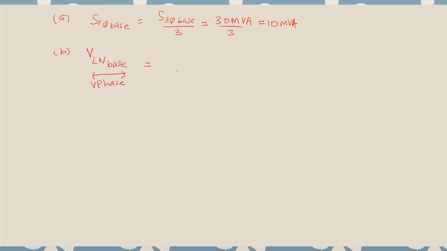So how to solve phase voltage? You know this formula. You know your VLL base as 120 kV, so you divide by square root of 3, and you get 69.2 kV.